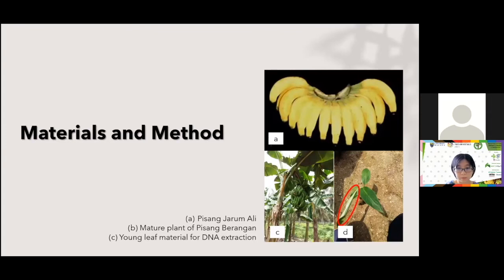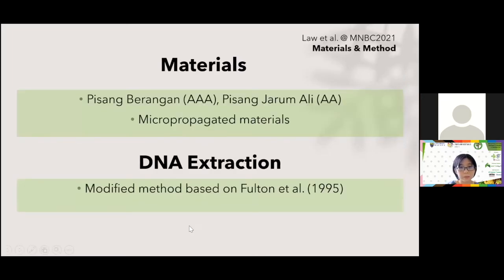We tested this marker on Pisang Jarum Ali, probably the lady's finger banana variety mentioned just now, and the Berangan, which were obtained from United Plantations. These are micropropagated materials.